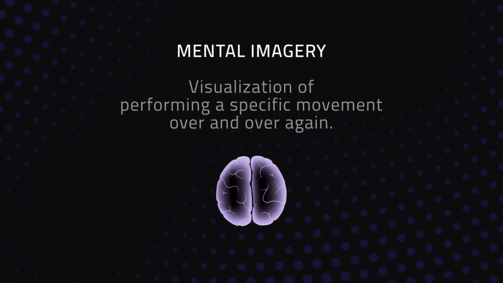Well, one is mental imagery, and we know this works. I've done a couple of videos on this. There's plenty of evidence where they have repeated the results where if someone does mental imagery, meaning visualizes themselves performing a specific movement over and over again, you get more activity on the involved side of the brain.